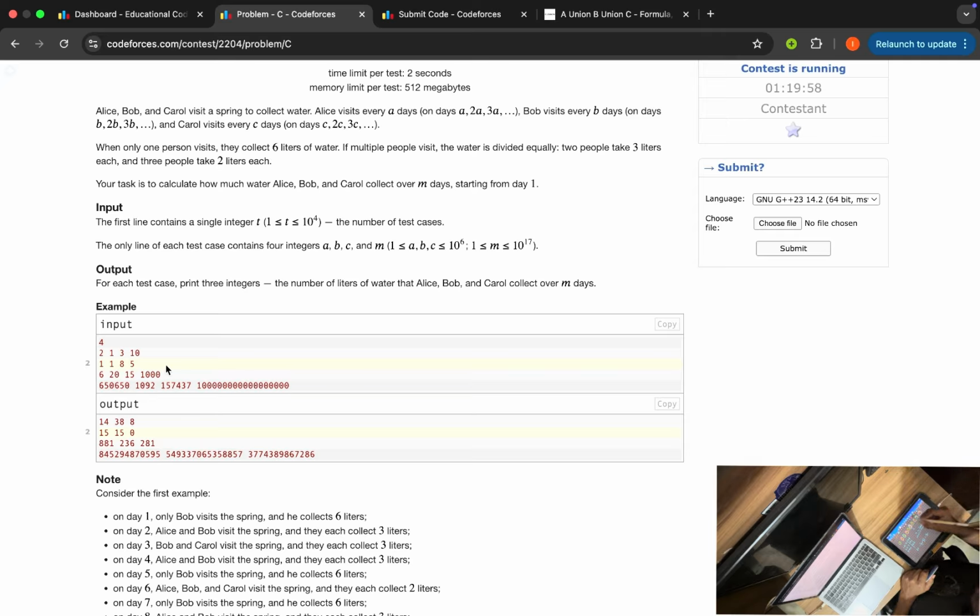Oh, okay, got the point why that's happening. This common part is actually giving me 6, but I'm minusing 2. It should be minus 6 minus 2, that's 4. Minus 2, 38. Yeah, matches.